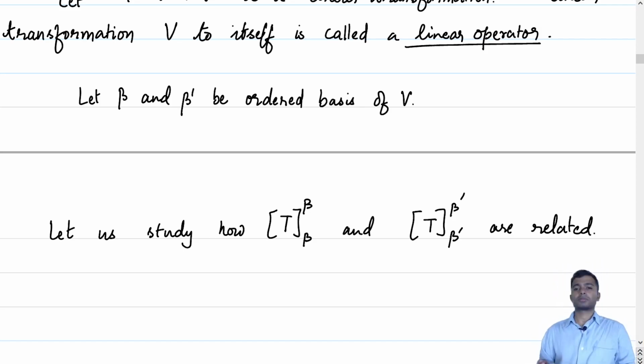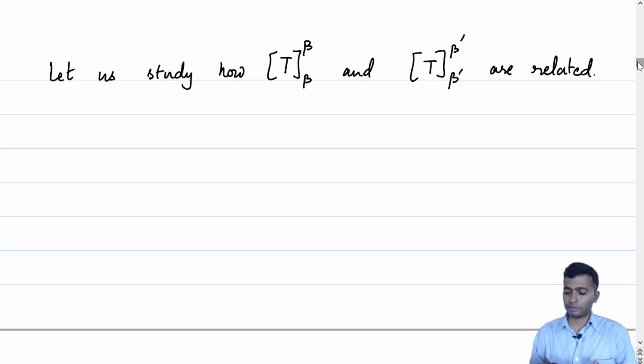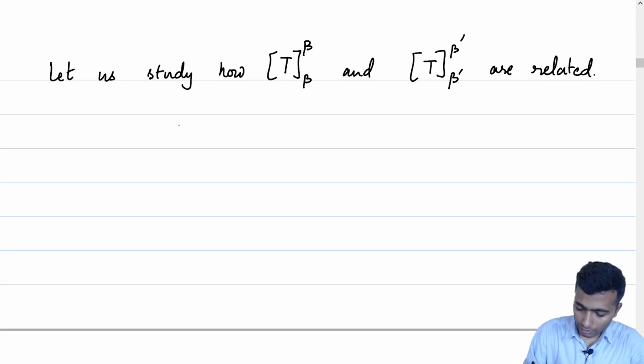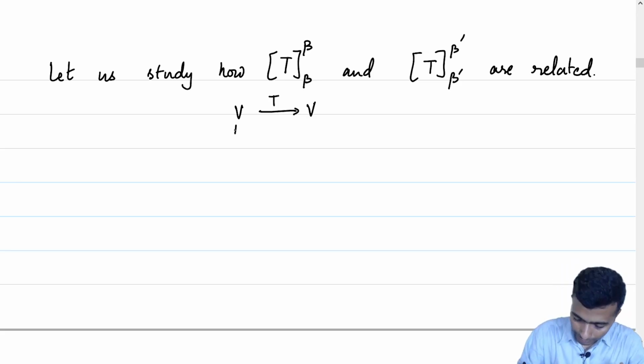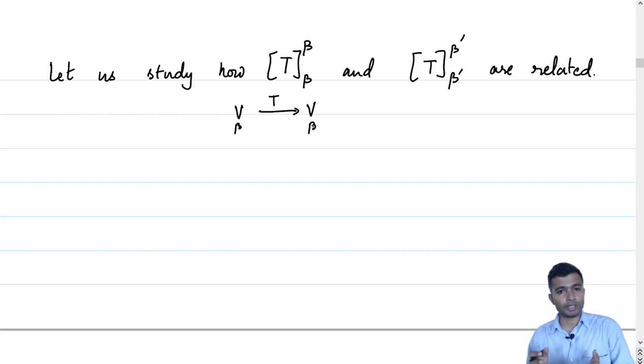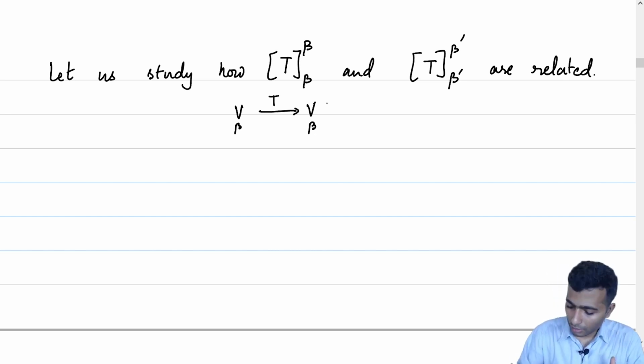So the idea is almost the same. What we will do is we will consider the following. Let's consider T as a map from V to itself. Again, this is with respect to the basis beta, and this is with respect to the basis beta. That is what will give you T beta beta. And then let's consider the linear transformation identity.